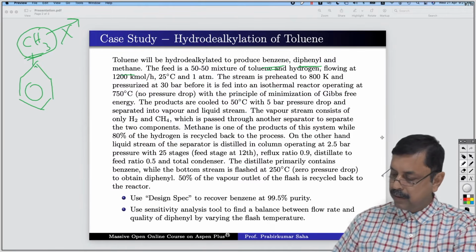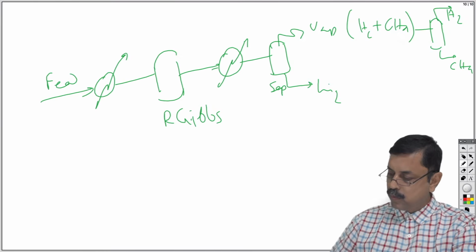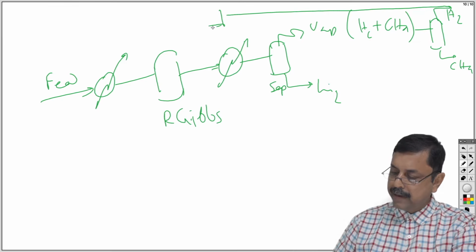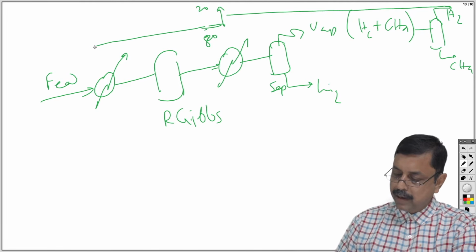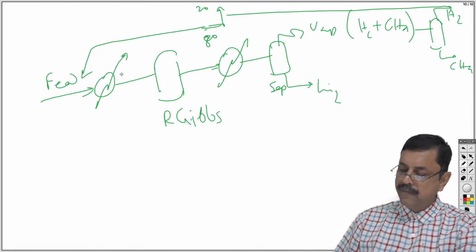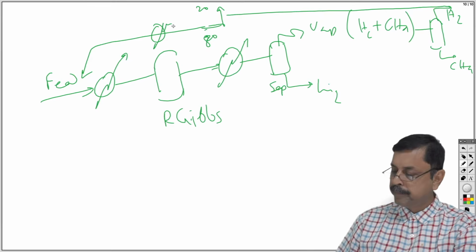That means we will have this hydrogen over here. So we will split them into 20 and 80%, and that 80% will come back to the feed stream as a recycle. Obviously, we have to do the pressure and temperature correction over here.